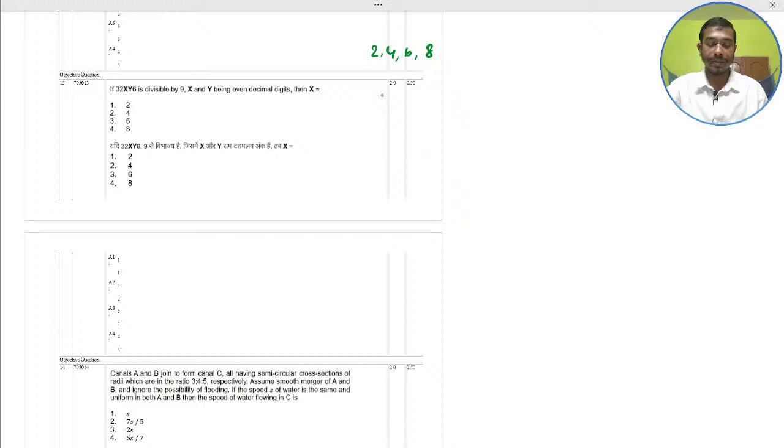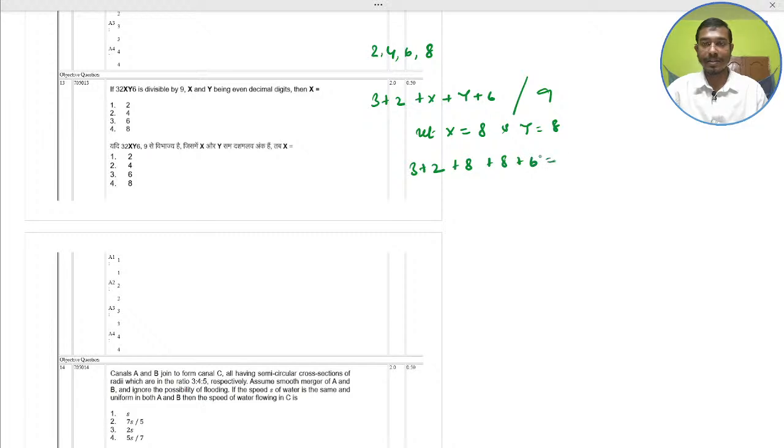So the condition of divisibility is that 3 plus 2 plus x plus y plus 6 must be divisible by 9. So my choice, suppose x is 8 and y is 8. Then 3 plus 2 plus 8 plus 8 plus 6 would be 27, divisible by 9.